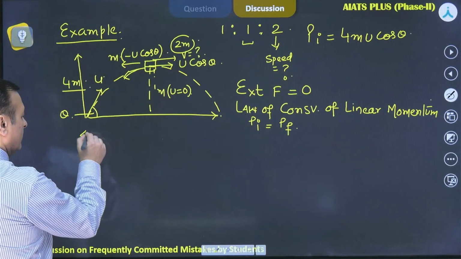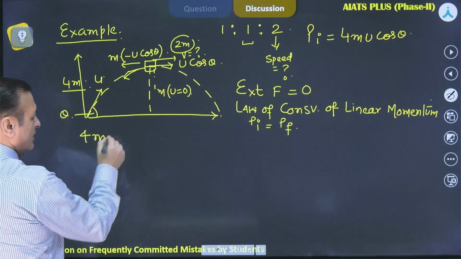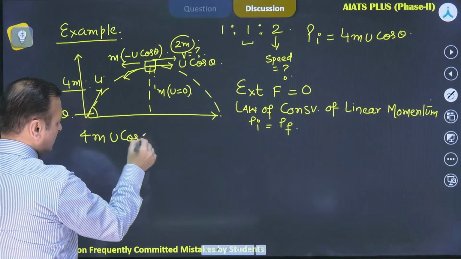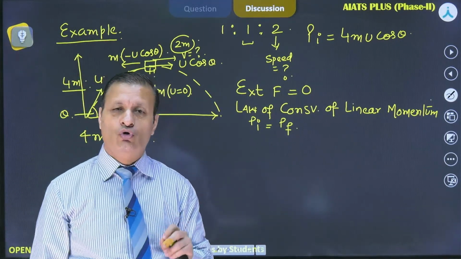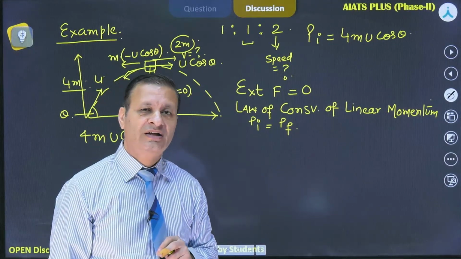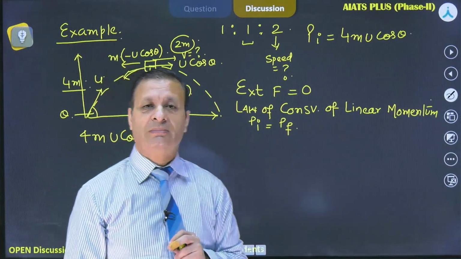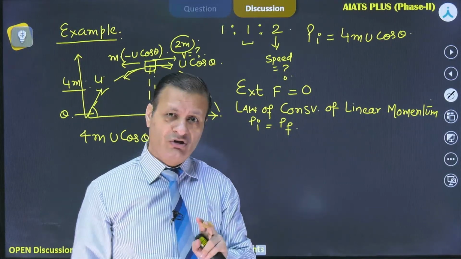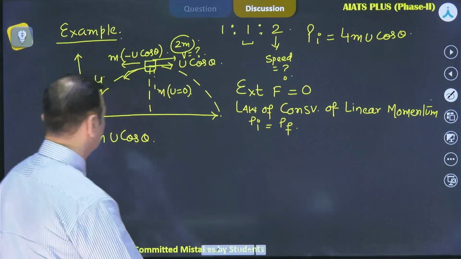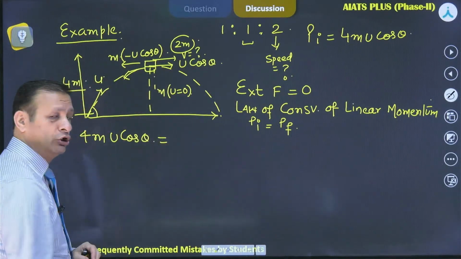So what is the momentum? 4m is the mass, u cos theta is the speed. So 4m u cos theta is the initial momentum of the particle at its highest position. You got it?